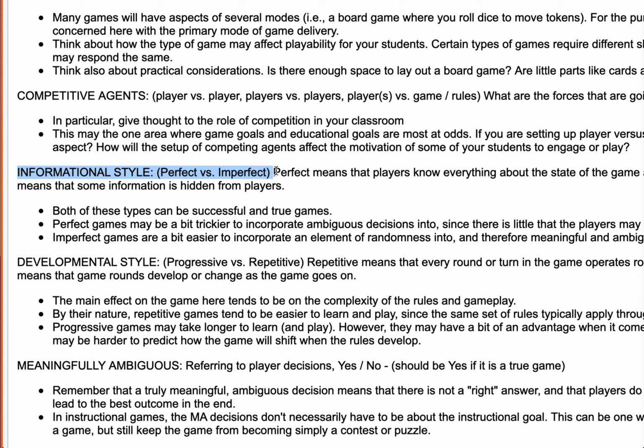So, just generally speaking, imperfect games may have a bit of an advantage when it comes to those meaningfully ambiguous decisions. But that's not to say that you can't get those decisions into perfect style games. But just something to think about as you're starting into this process. If you want to make it a little easier on yourself, then you may be looking to create a game where not everybody knows everything about the game at any given moment.